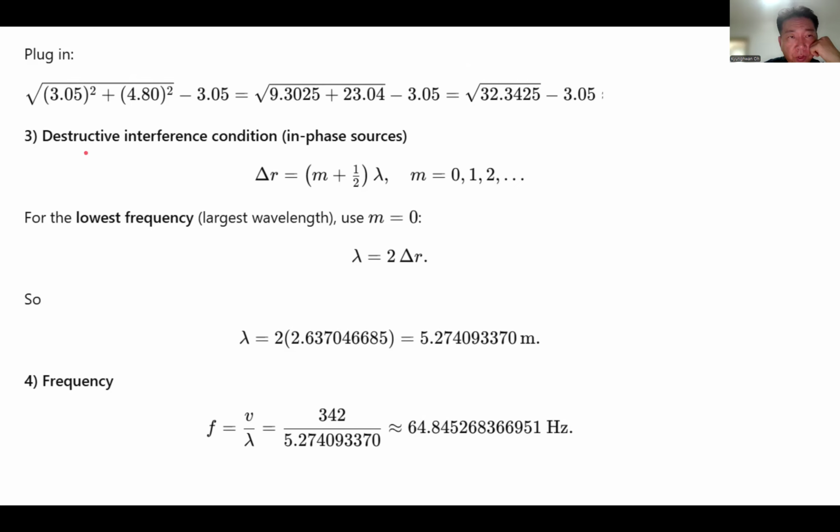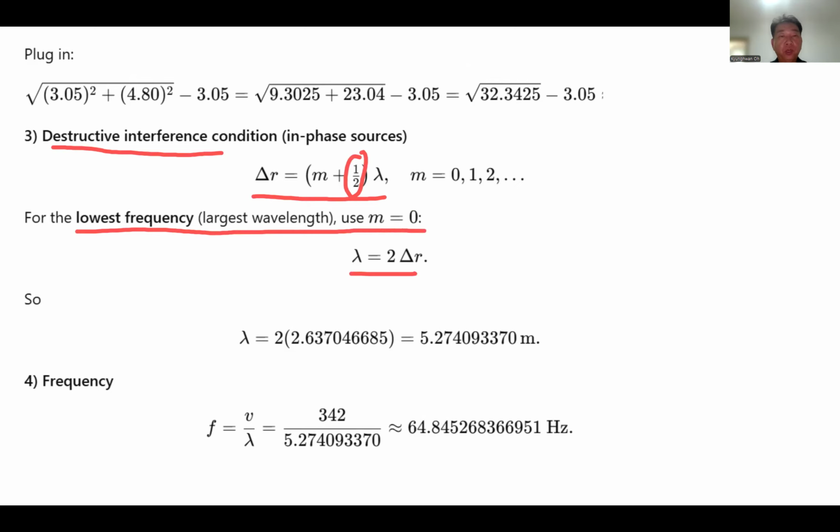Here comes the destructive interference condition, which is m plus half times lambda, where m is 0, 1, 2, etc. For the lowest frequency, or largest wavelength, use m equal to 0, and then lambda becomes 2 delta r, and then we get the wavelength and the frequency. Okay.